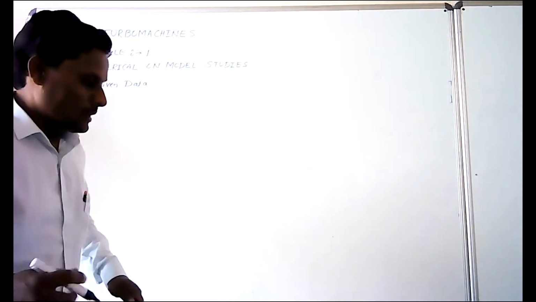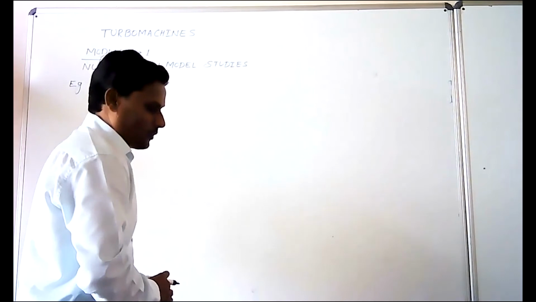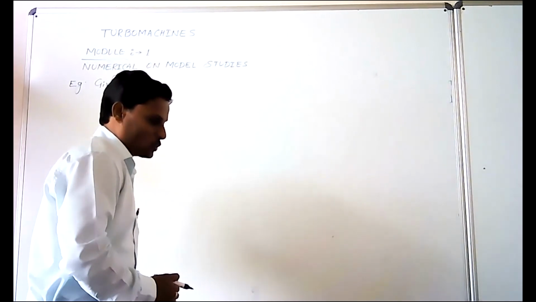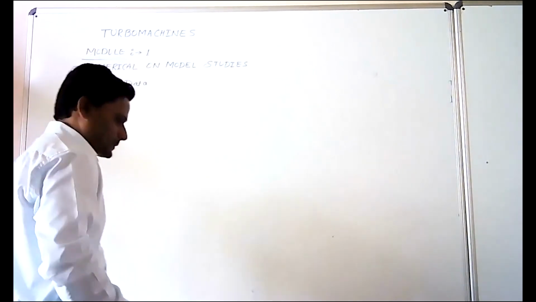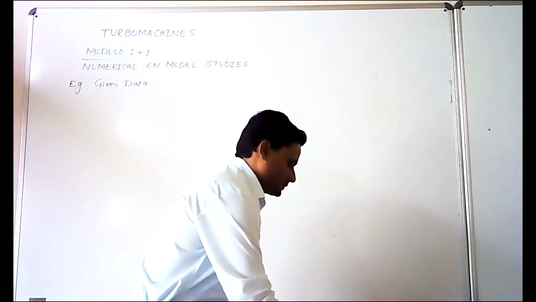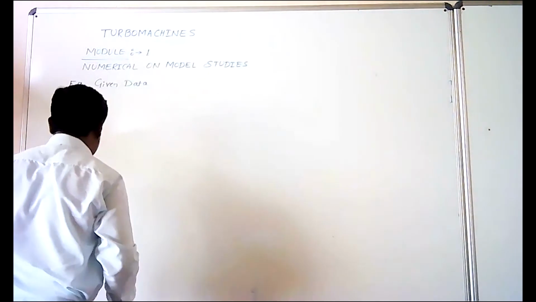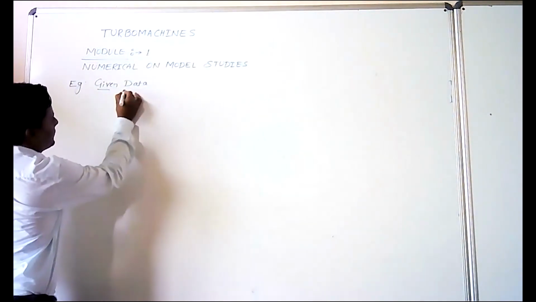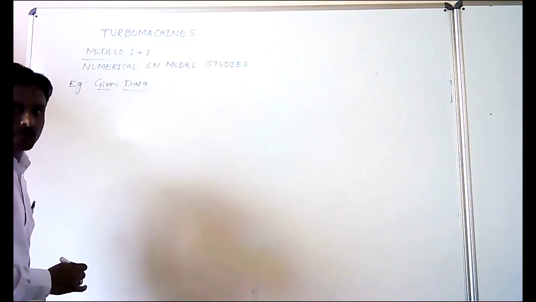Now, the quantity of water available for the hydroelectric station is 260 meter cube per second. First, let us write down the given data.